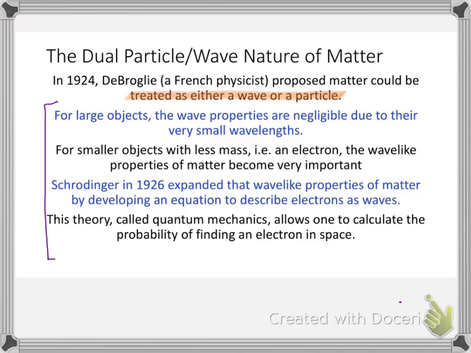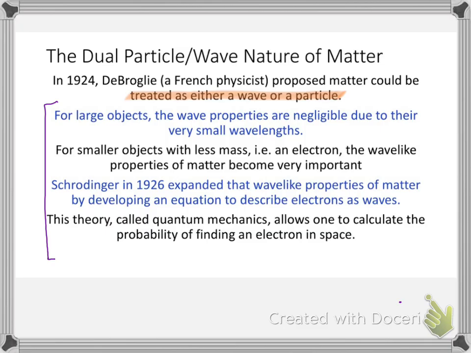Because you have a large mass and small wavelengths in larger objects, we don't really see the wave properties of that matter. But when you have smaller objects, like an electron, which has a very small mass, like 10 to the negative 28 grams, then the wave-like properties of that form of matter will have more impact. So it becomes more important.